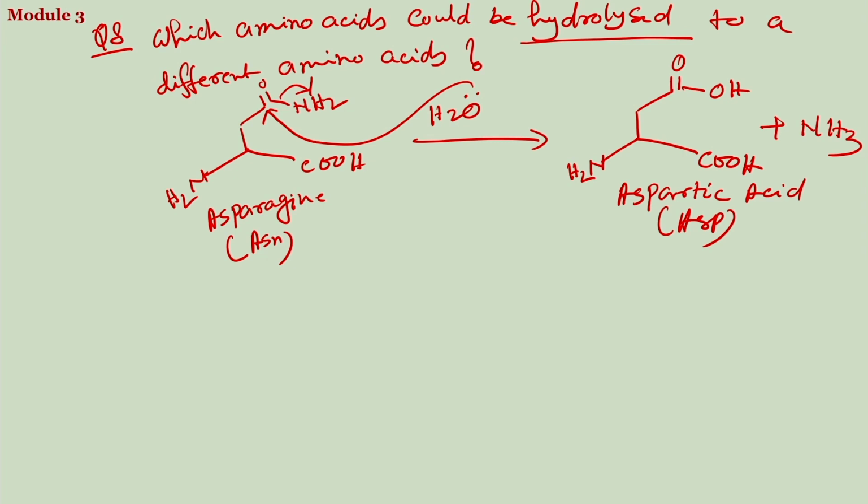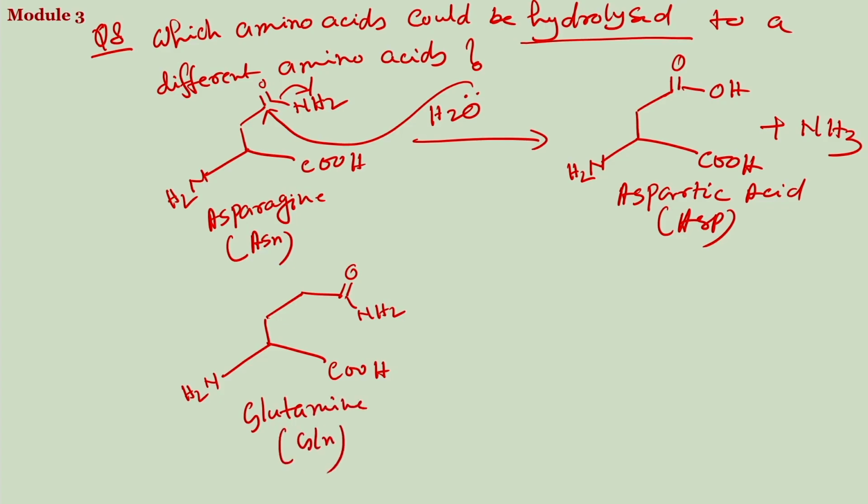That is one example. The second example also has the same amide bond, with two CH2 and then the amide. This is your glutamine, GLN is the abbreviation.